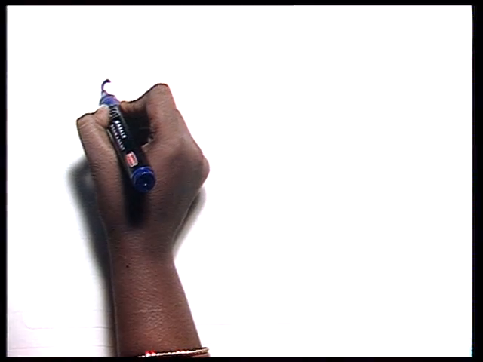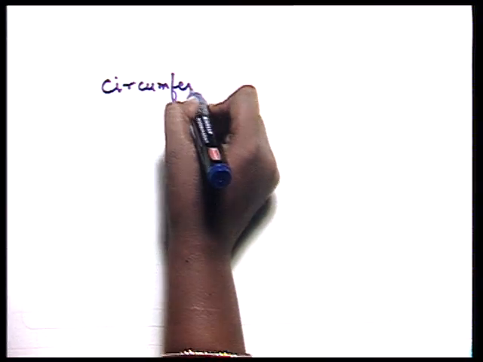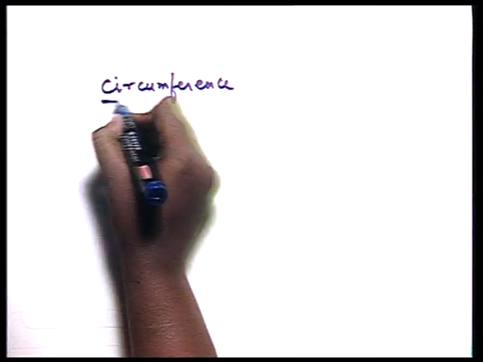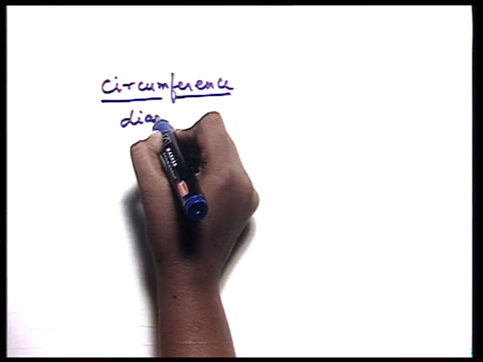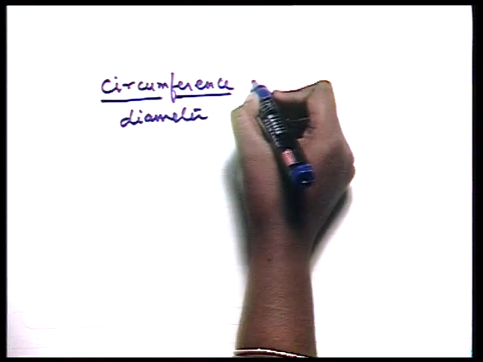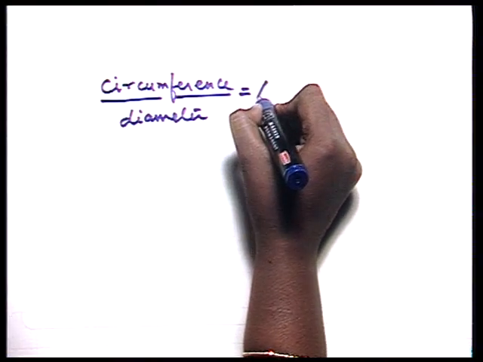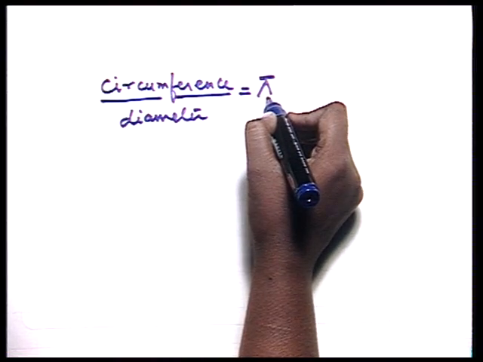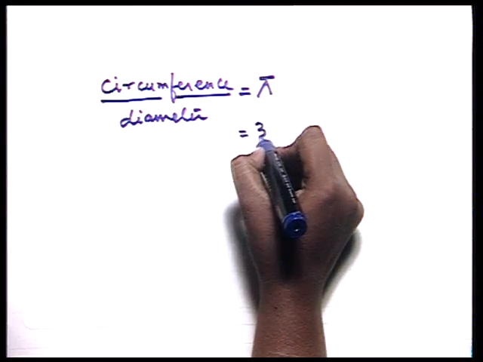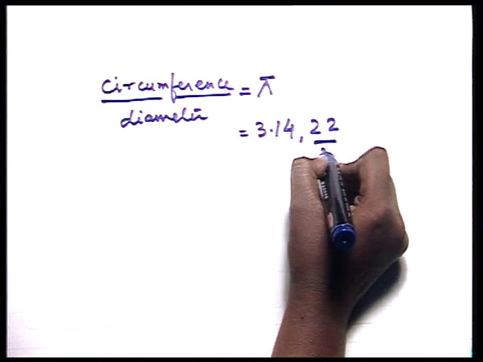So, if this is the circumference of the circle, its ratio to its diameter is always the same, and we denote it by a Greek letter pi. It is an irrational number and its value is approximately equal to 3.14 or 22/7.